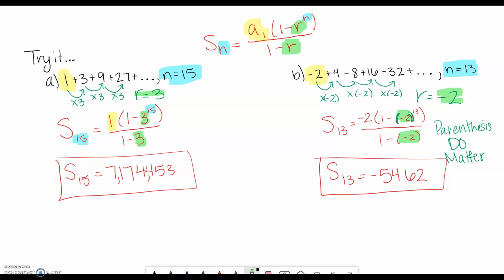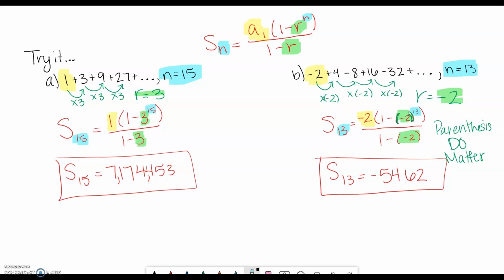Then we also needed to plug in our first term, which was -2, so that's that. And then the last thing you plug in is the number of terms, and you plug it in here saying that you're finding the sum of all 13 terms, and you also have it in your formula, and then plug that in.